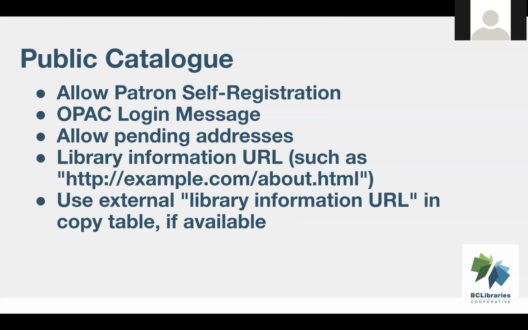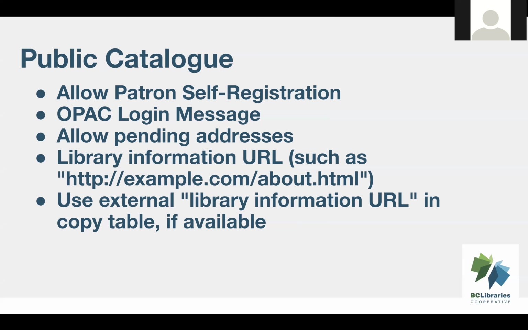And then these last two settings come back to the question that was asked earlier. So by default, if you click on that library name, you are taken to that Evergreen generated page with your information. But the library information URL setting, you can put in a URL that you want to use.